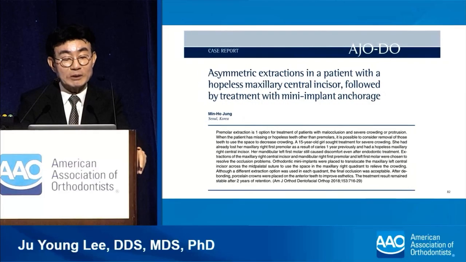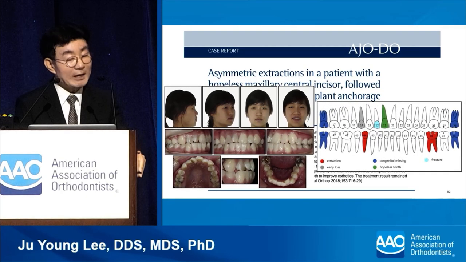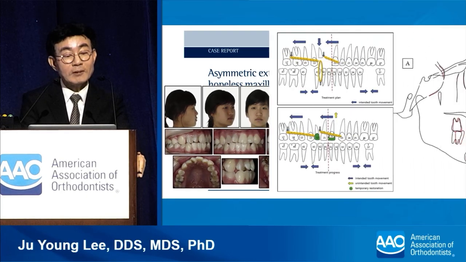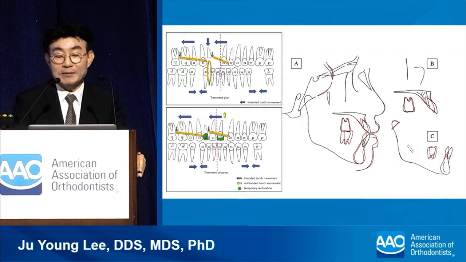Dr. Zhang reported a case report with an asymmetric incisor extraction pattern using TAD. The right central incisor had to be extracted, and then he installed a TAD on the right and pulled the opposite anterior teeth to the right.